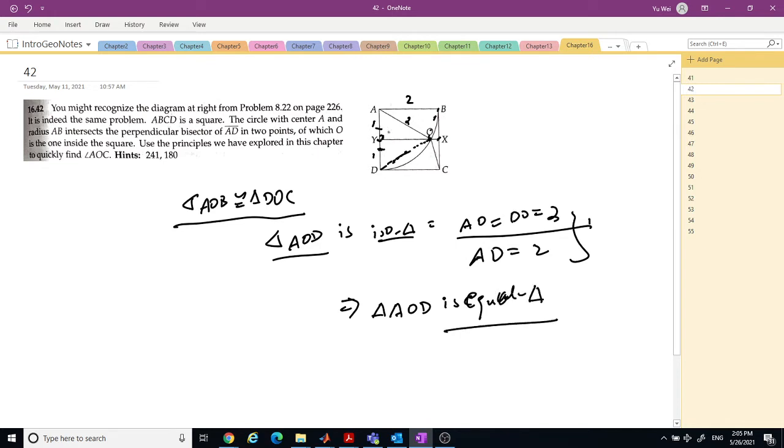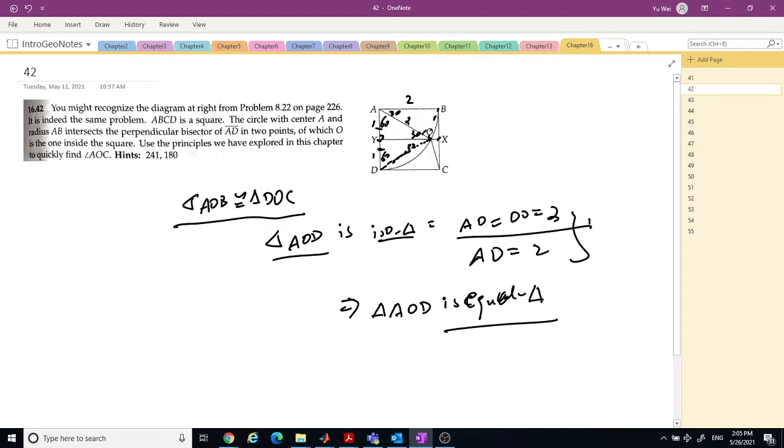If it's an equilateral triangle, here is 60 degrees, here is 30, 30, here is 60 degrees, right? Now because these two triangles are congruent, you can see here is 30 degrees.